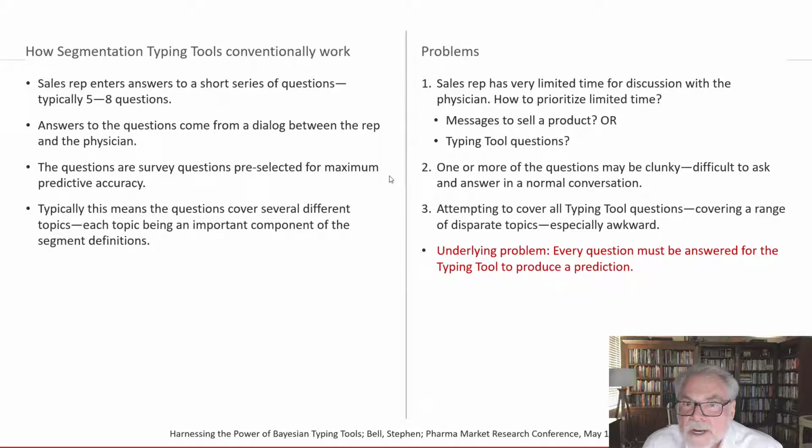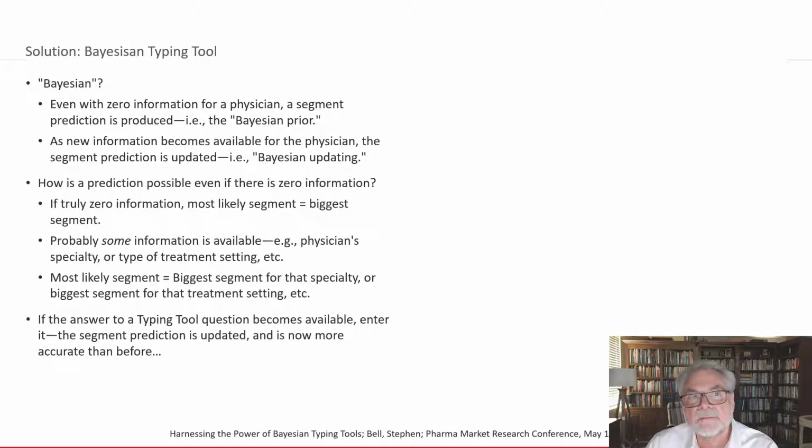But what I'd like to point out is these are all coming from really one fundamental underlying problem, and that is the requirement that every question must be answered for the typing tool to make a prediction. And we have a solution for that problem, and it's the Bayesian typing tool.